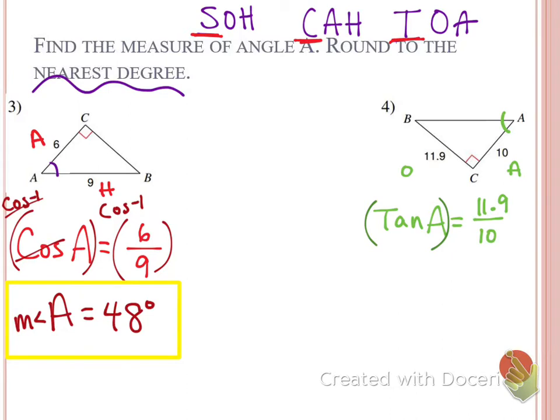We need to get rid of tangent. So shift tangent. Once again, if you don't have a fraction button, totally fine. You just do 11.9 divided by 10. Shift tangent, 11.9 divided by 10. We get 49.958, and so on. That rounds up to 50 degrees.